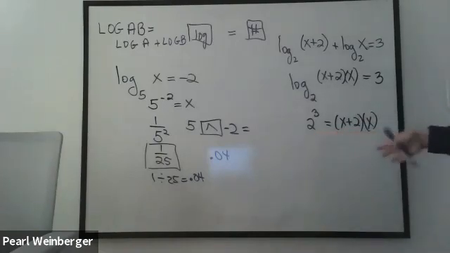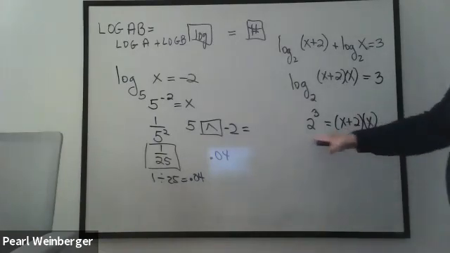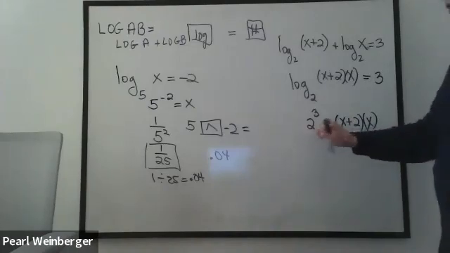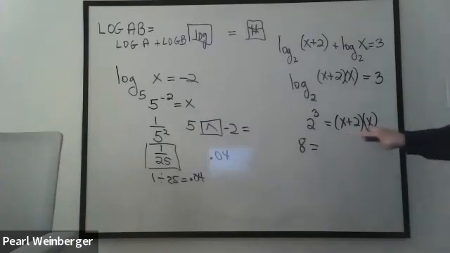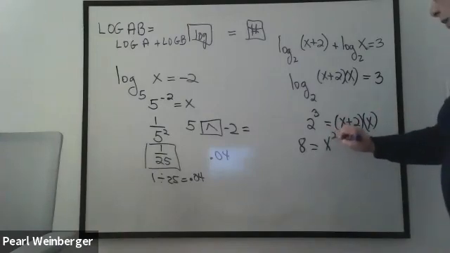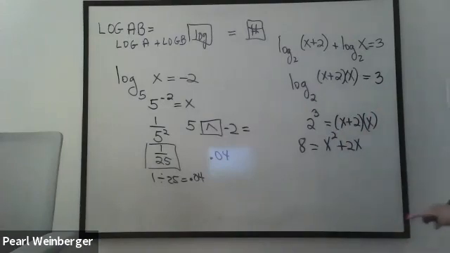And now I don't have any logs anymore. I can just solve this equation. 2 to the third is 8. And x plus 2 times x, I can use a distributive property, will give me x squared plus 2x. And what I have here is a quadratic equation. I'm going to give you a couple of minutes to solve that quadratic equation.